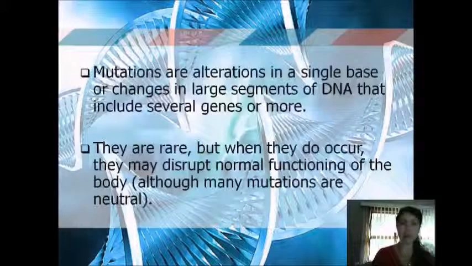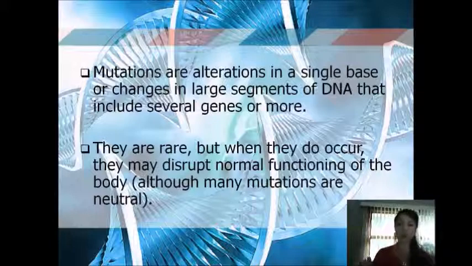So talking about mutations overall, there are alterations in a single base or changes in large segments of the DNA that could include several genes or more. It could just be one base pair in your DNA, or it could involve large segments of DNA. And even though mutations are rare, when they do occur, they disrupt the normal functioning of the body.